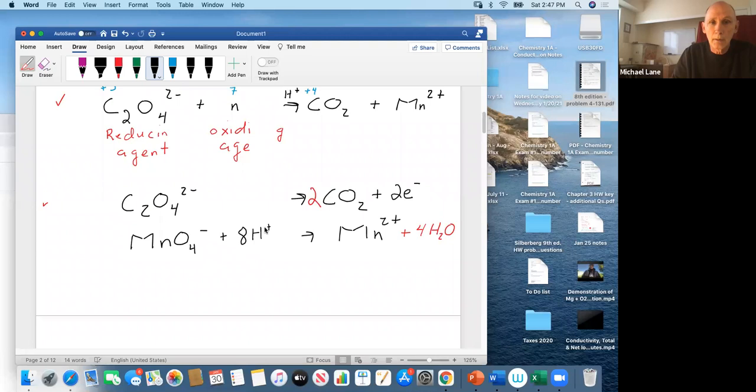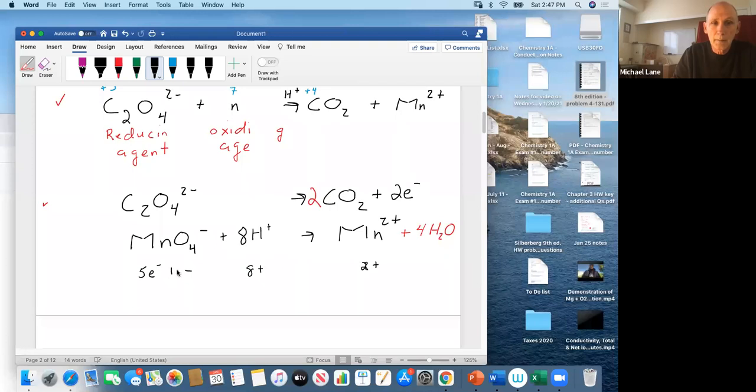Here, I've got a total of 8 times 1 is 8 plus, right? 8 plus and -1. Over here, I've got 2 plus, right? So the way to balance these charges is to add, how many am I going to add? 5 electrons, right?